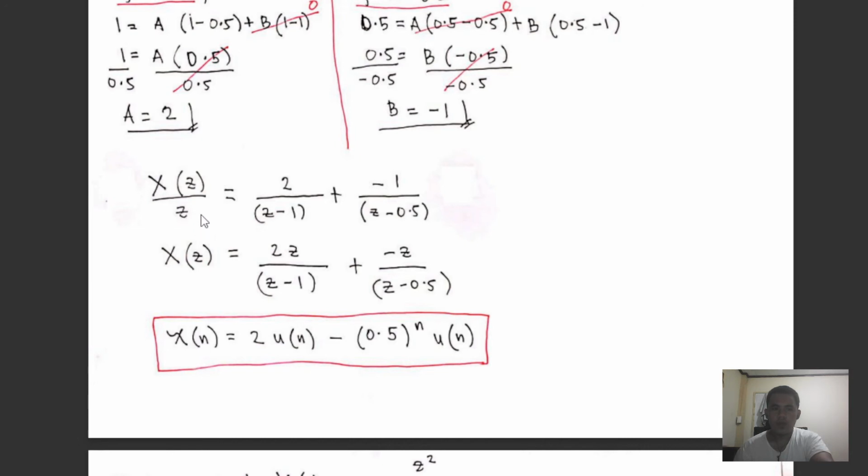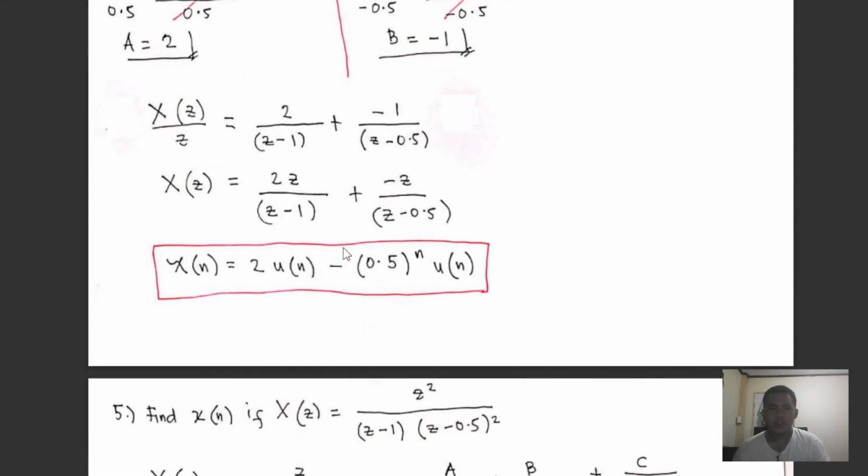If we multiply this by z, it cancels z, and we get 2z over z minus 1 plus negative z over z minus 0.5.